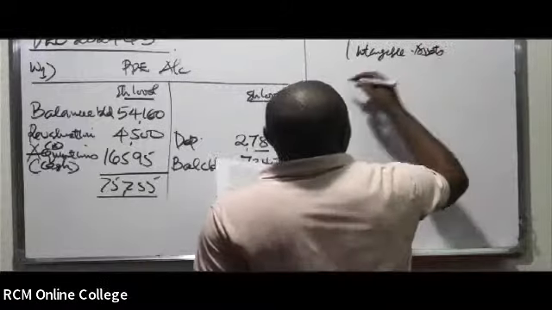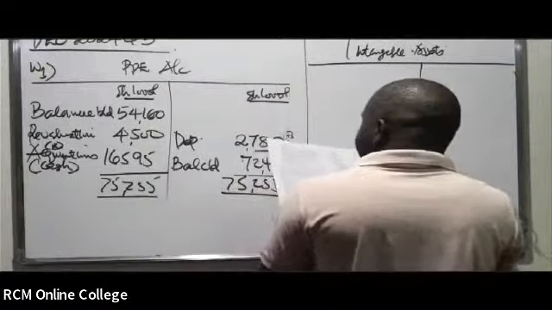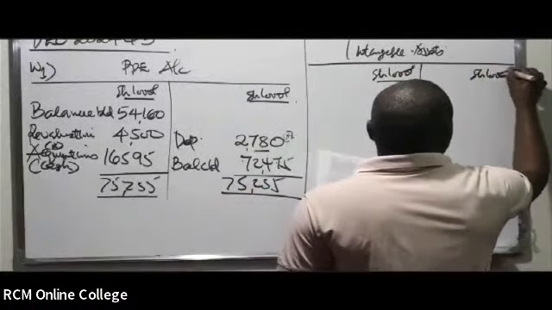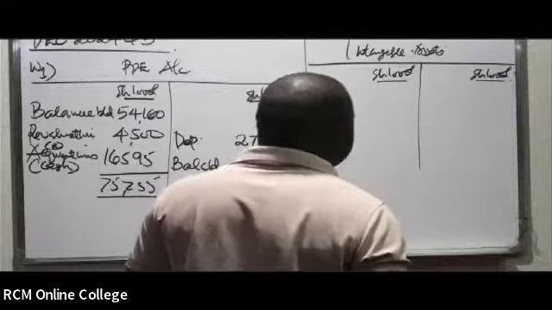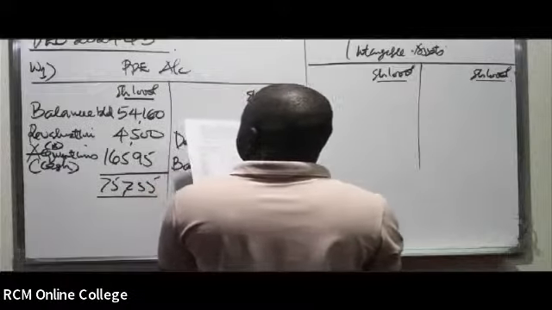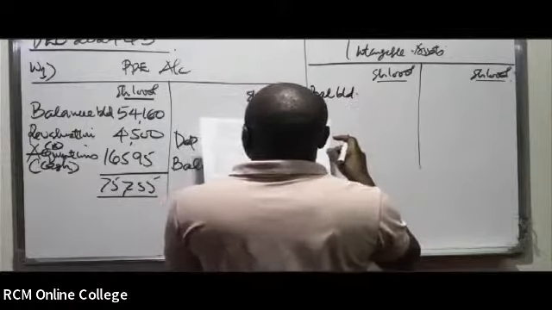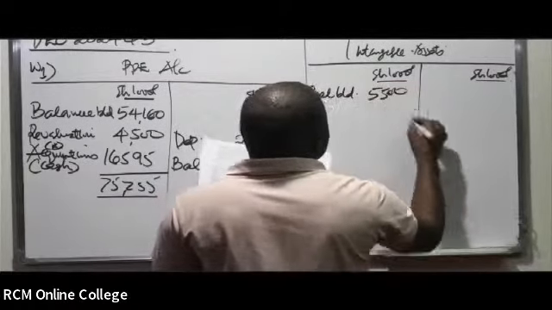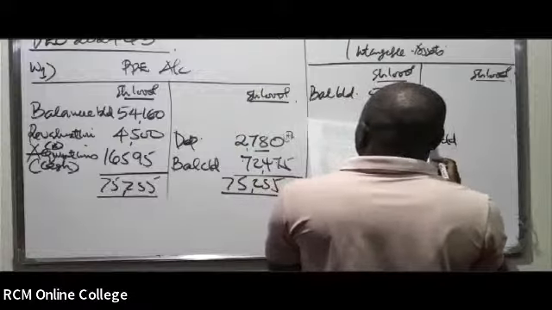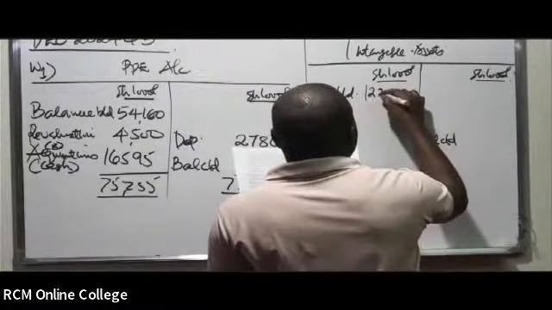For the intangible assets, you've already been told the acquisitions. And the opening balance that you have there, you've already been told the acquisition. So what you'll likely be looking at is whether there was any loss of value on the intangible assets during the year. You've been given an opening balance of 5,500, and then a balance carried down of 12,240.